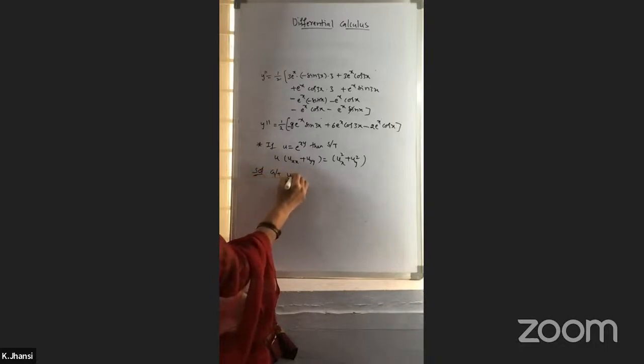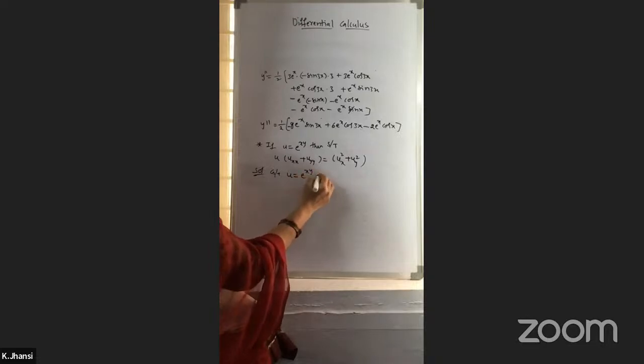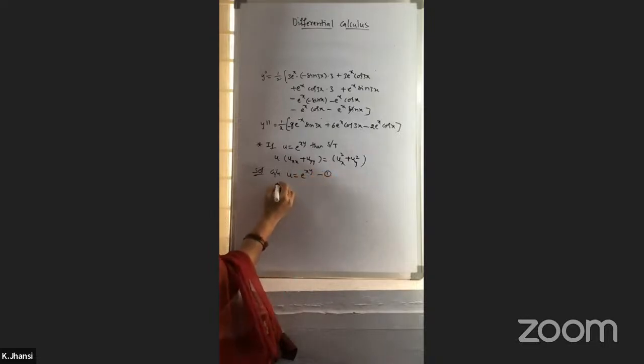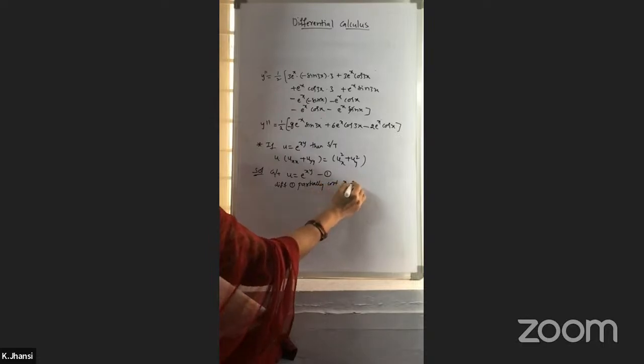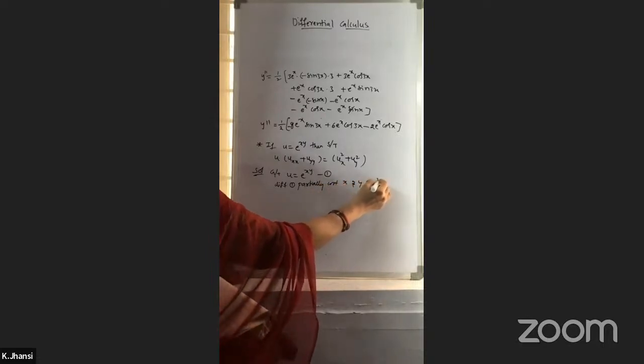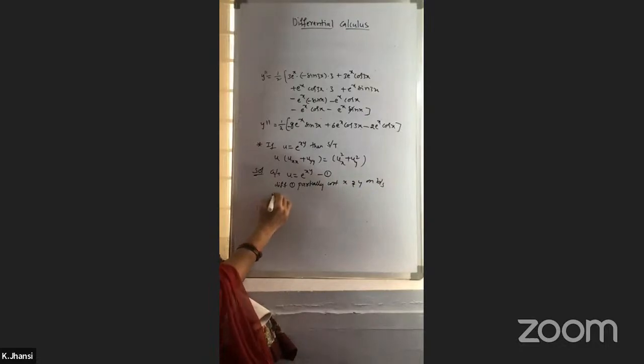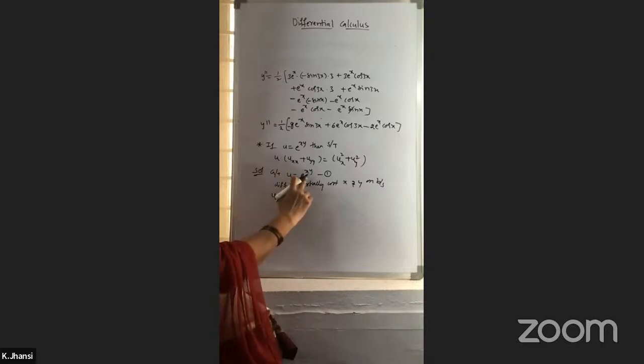Given that u is equal to e to the power of xy. Differentiate partially with respect to x and y on both sides. So ux means partial differentiation with respect to x, so we have to differentiate only the x variable. But here multiplication is there.